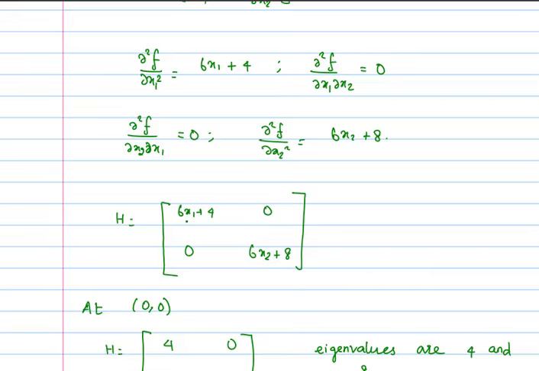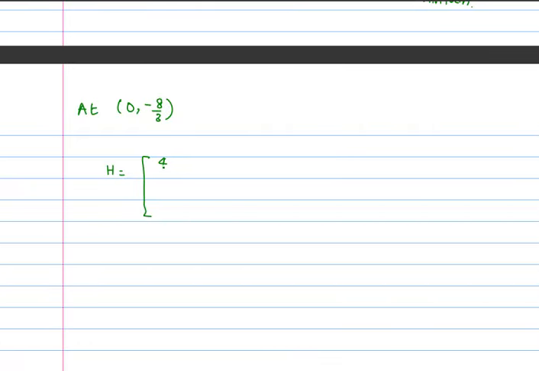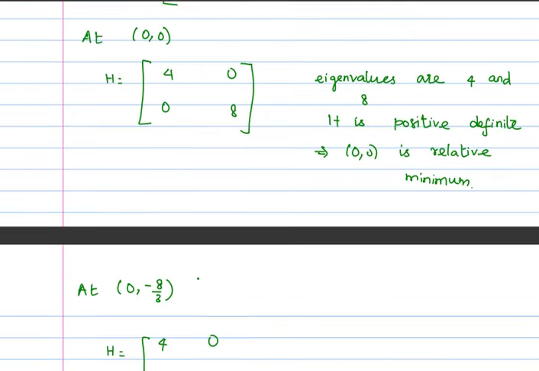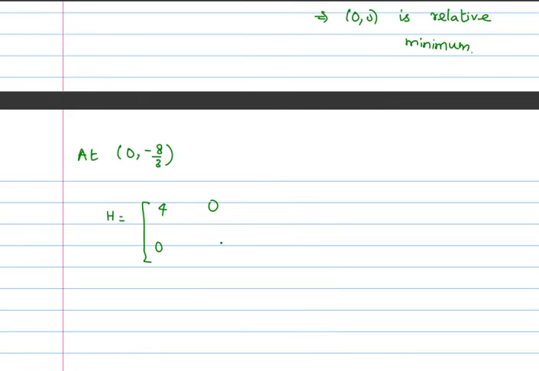Here x1 is 0, so 4 only will come, and the off-diagonal entries are 0. For the last entry, 6 times -8/3 plus 8 is -16 plus 8, which is -8.